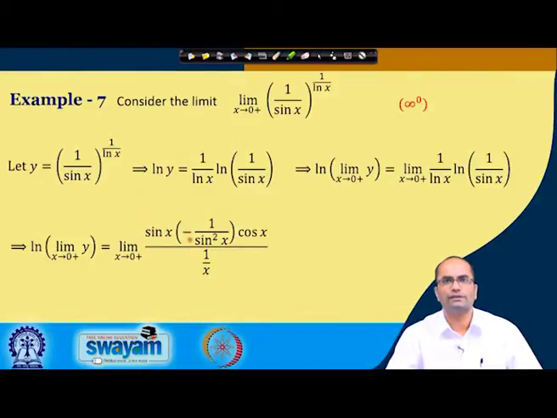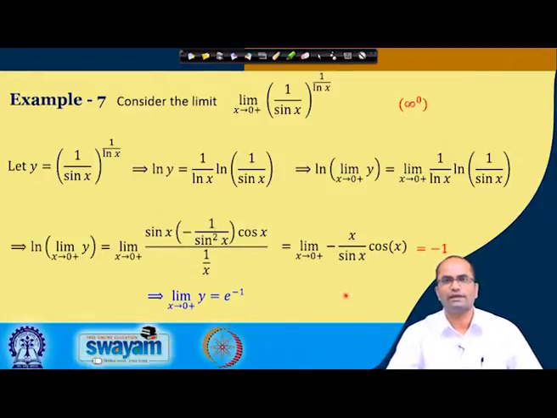So, we have minus x cos x over sin x, and now we know that x over sin x, this limit as x goes to 0, becomes 1, and then cos 0 is also 1. So, we have this minus 1, and then taking the exponential both the sides, we will get the limit y as exponential minus 1.